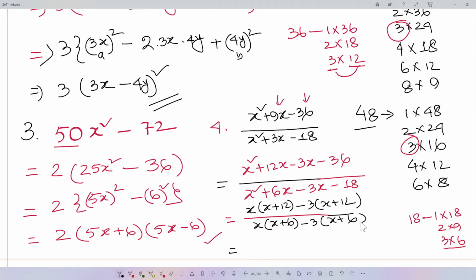So finally what is happening here is x plus 12 and x minus 3, and here also a similar thing, x plus 6 and x minus 3. Now x minus 3 we can cancel. Our answer will be x plus 12 divided by x plus 6.